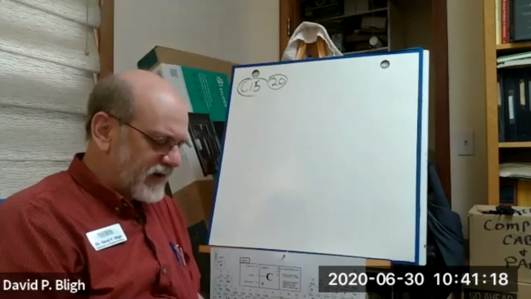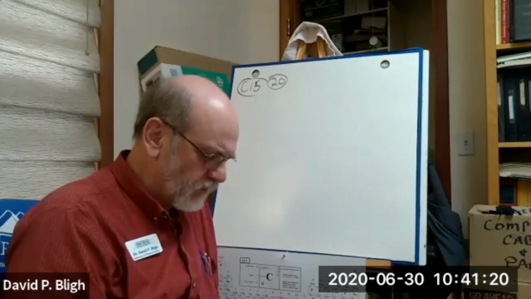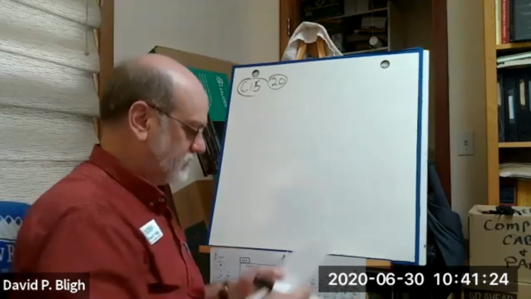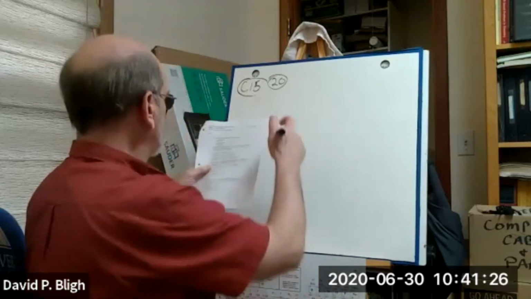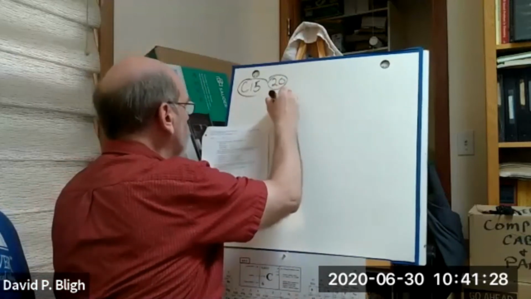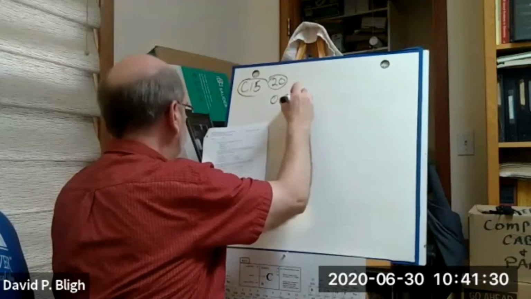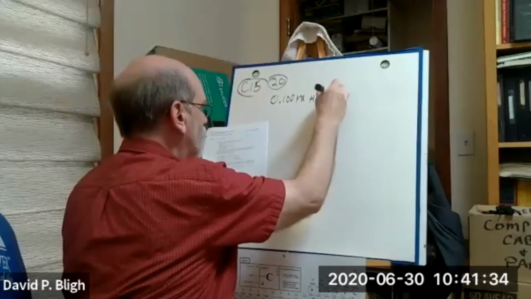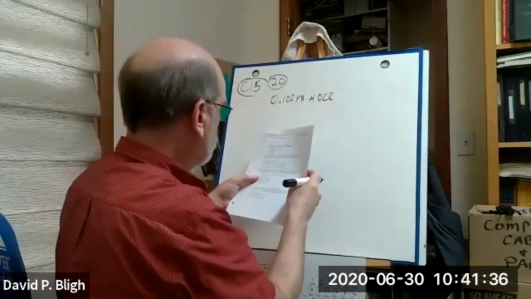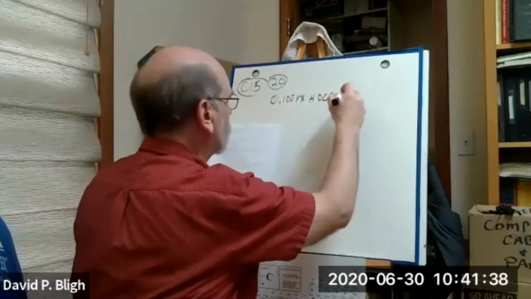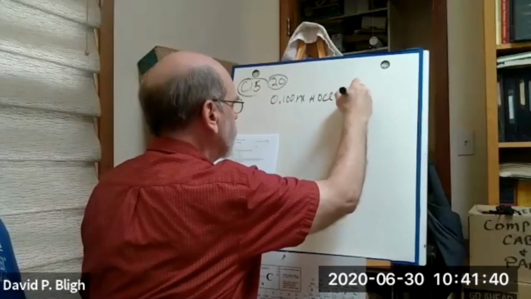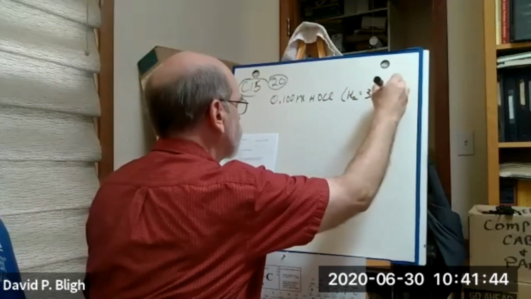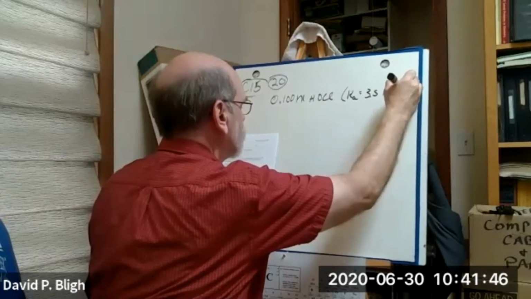So we need to find out what is the pH at equivalence for the following titration. So our titration is this one, molar hypochlorous acid, and the Ka is 3.5 times 10 to the minus 8.